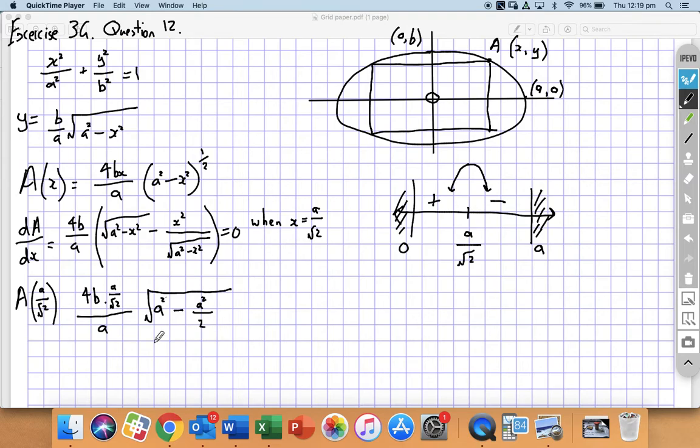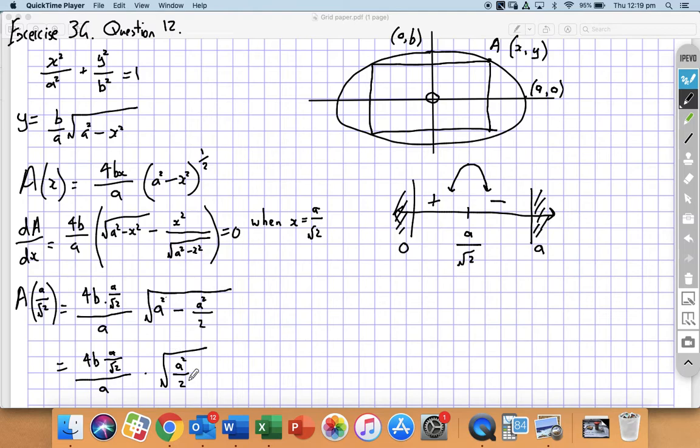So this bit here is the interesting bit at the moment. We've got 4b on a square root 2 divided by a, times the square root of a squared minus half of an a squared. Well, that's just a squared on 2.